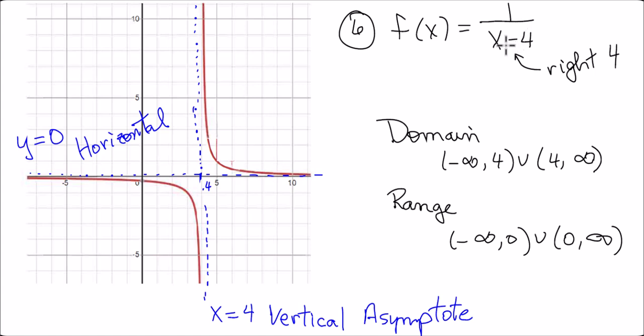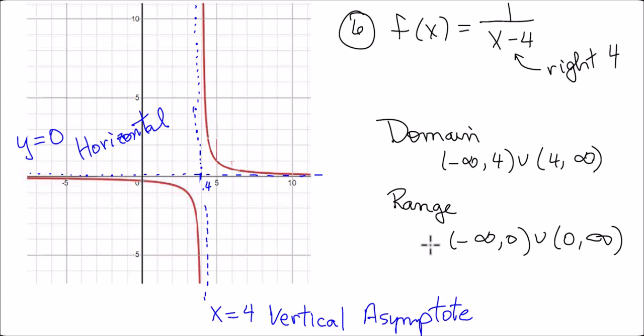So x minus 4 equals 0. I get x equals 4. So we are shifted right by 4. All right, so we do need to label the vertical asymptote here at x equals 4. Since there's no movement up or down, the horizontal stays the same, which is y equals 0.